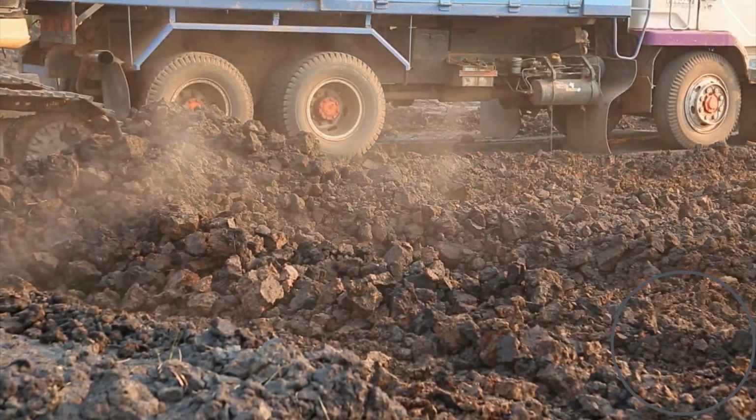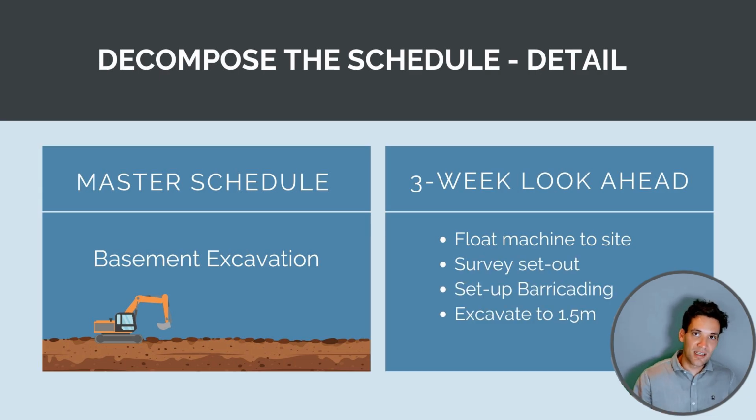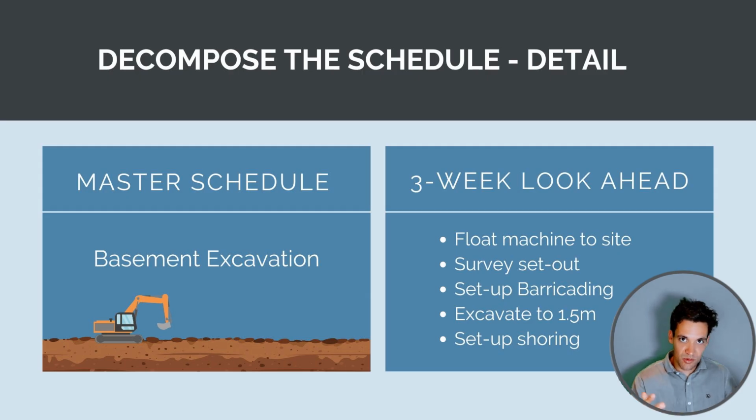Basement excavation will decompose into floating the machine to site, getting the surveyor to mark it out, setting up any barricading or temporary works, excavating to 1.5 meters deep, and then setting up shoring. A 3-week look ahead is a super detailed plan of the master schedule activity.